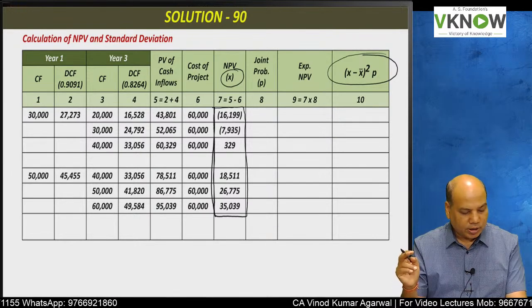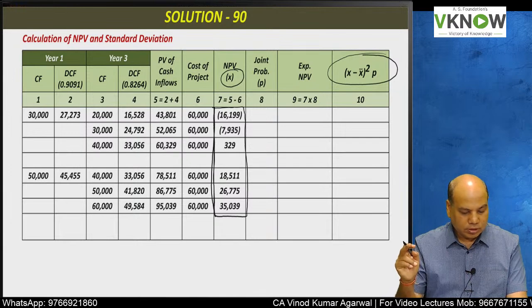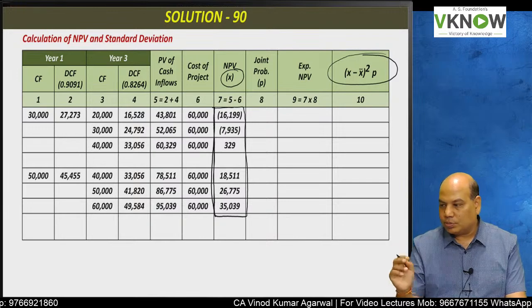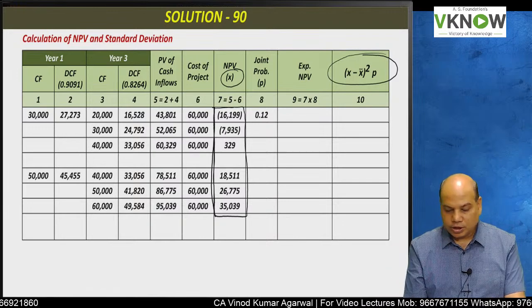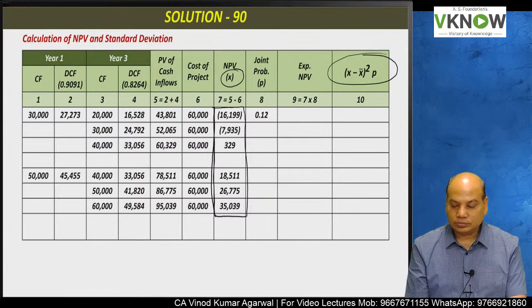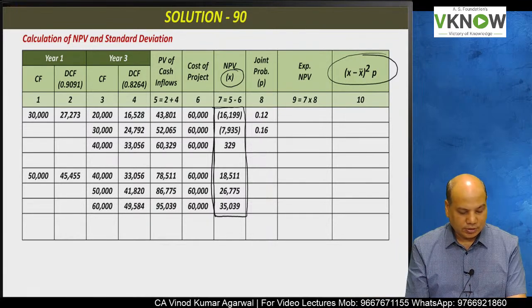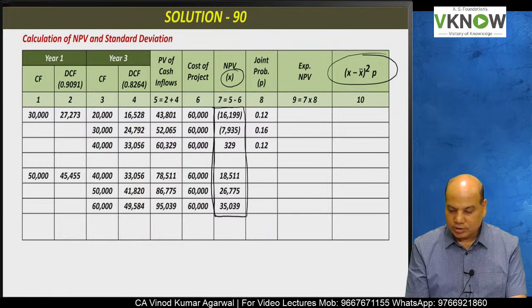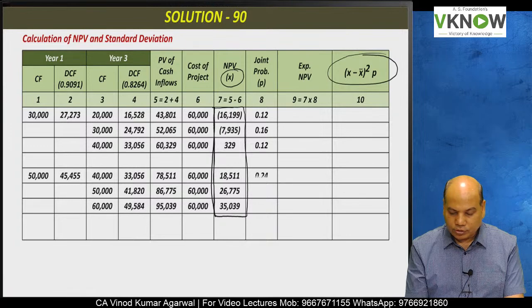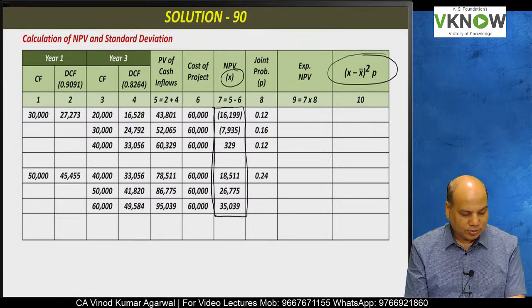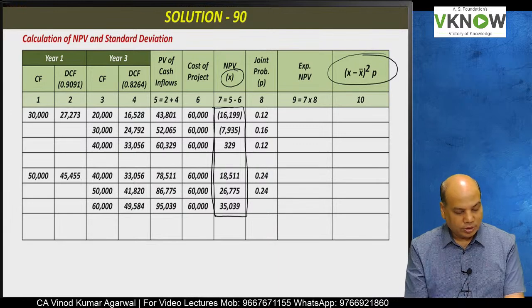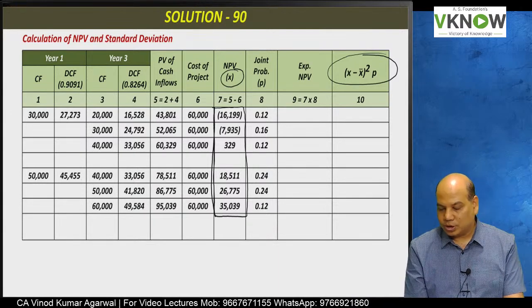First year probability is 0.4, second year is 0.3: 0.4 into 0.3 is 0.12, 0.4 into 0.4 is 0.16, 0.4 into 0.3 is 0.12, then 0.6 into 0.4 is 0.24, 0.6 into 0.4 is 0.24, 0.6 into 0.2 is 0.12.